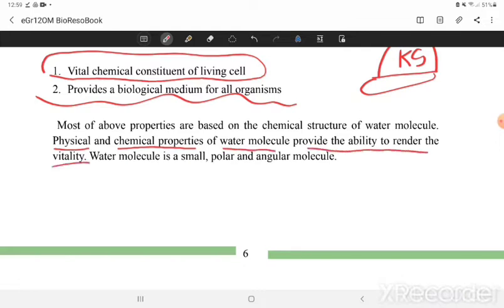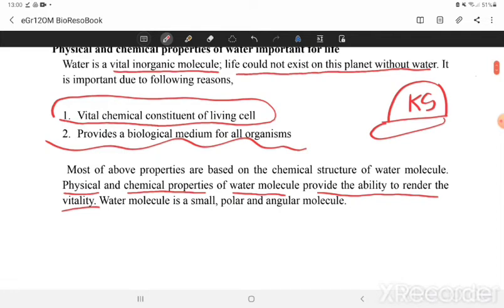That means the physical and chemical properties of water that we are going to discuss are responsible for these vital functions, like being a vital chemical constituent of living cells and providing a biological medium for all organisms.